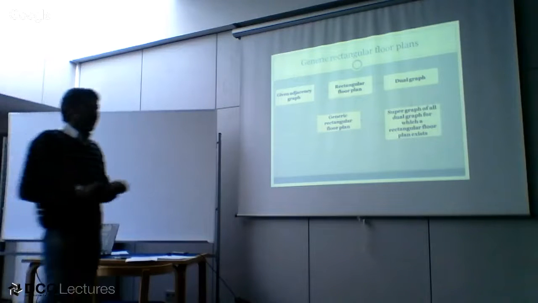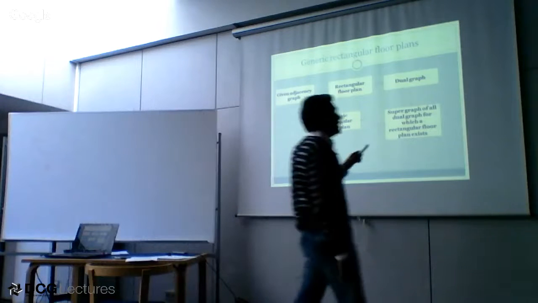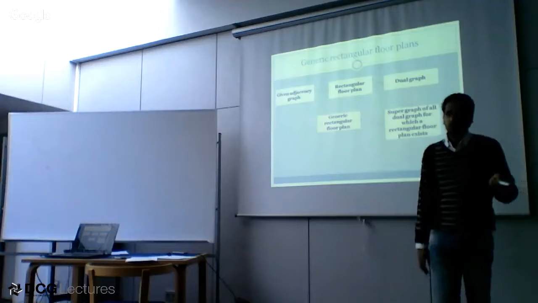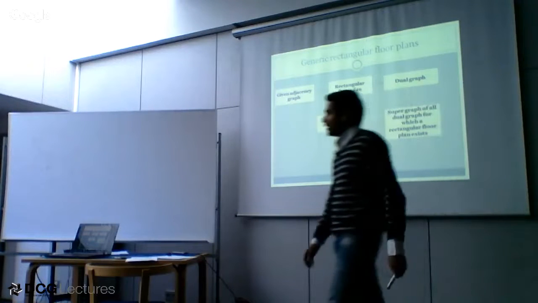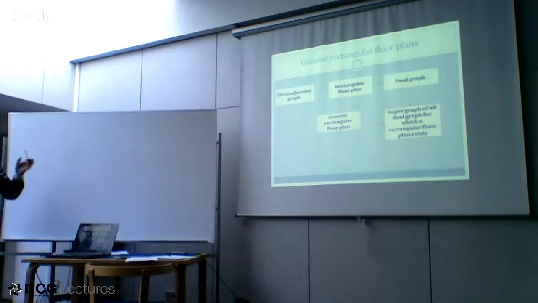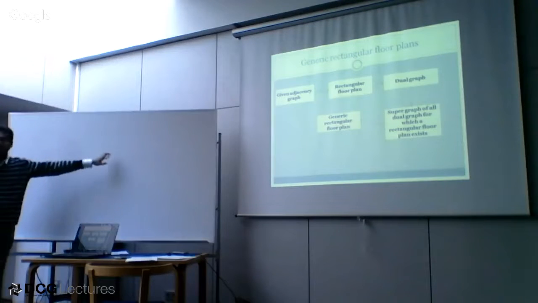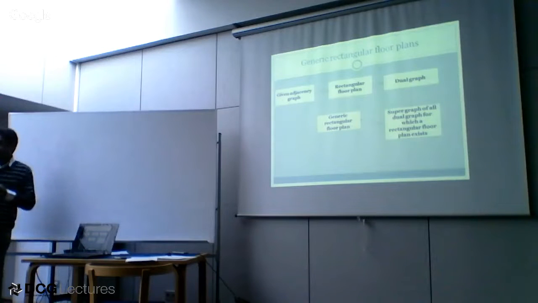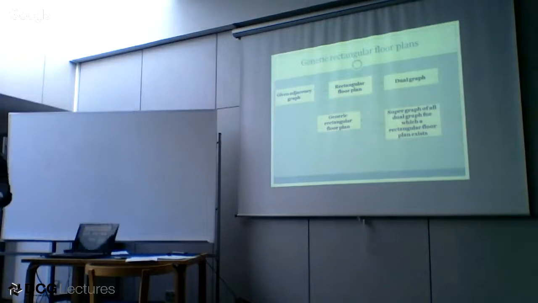Recently I am working on the concept of the generic rectangular floor plan. The problem is that you have a graph and you need to construct a rectangular floor plan corresponding to it. So you always need to check the existence of the rectangular floor plan and then you have to construct it.